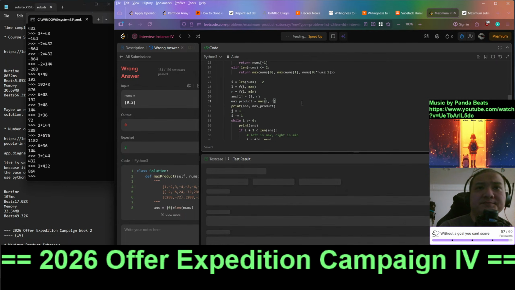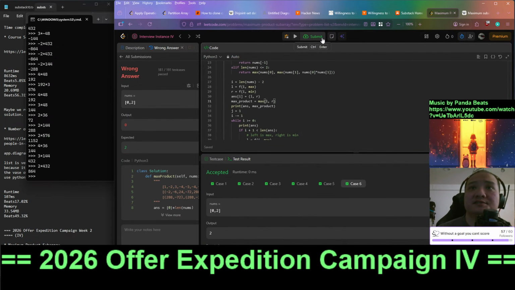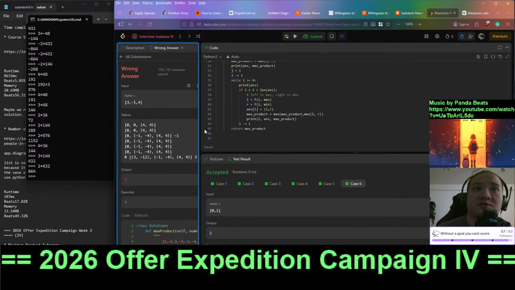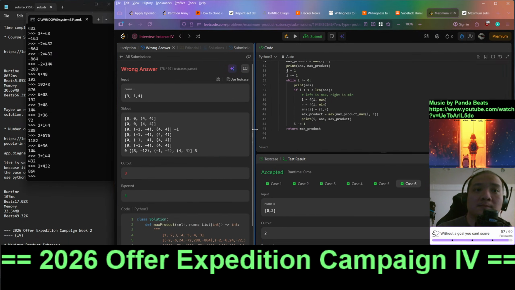Let's see. Okay, submit. Oh, we have to take out the print. It's the wrong case, guys. God damn it. Okay. Expecting 4, we got 3. 3, negative 1, 4.